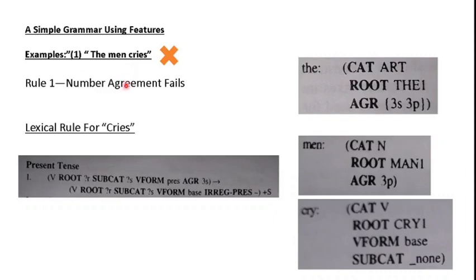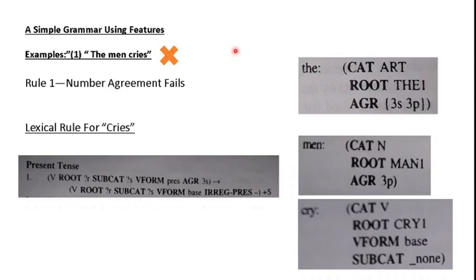Okay, so if you see the sentence, the man cries. We will first try to see the lexicon entries for the constituents of the sentence. So we have a lexicon entry for the, for men, and cries. If you pass it through an FST, we know that it will give cry as a form along with S as its inflection.